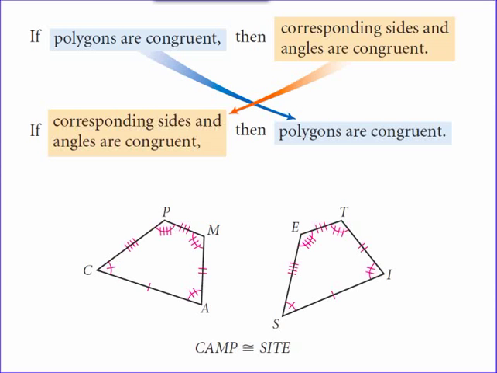If you look at the first one, I'm going to call that CAMP. So then I'm going to put my congruent symbol. And then I'm going to see C corresponds to what angle in my second polygon? S. So if C is written first, S is written first. Okay. The next one, A. What does A correspond to?